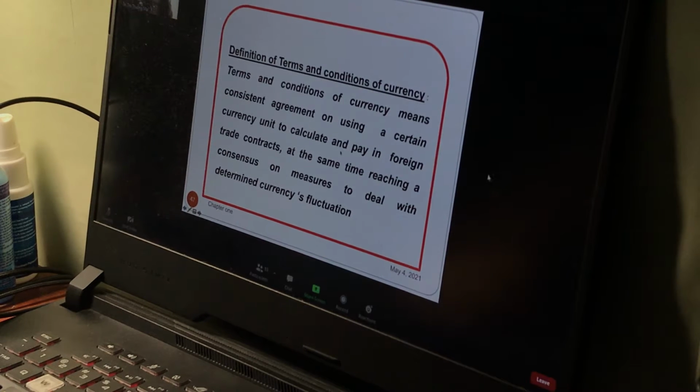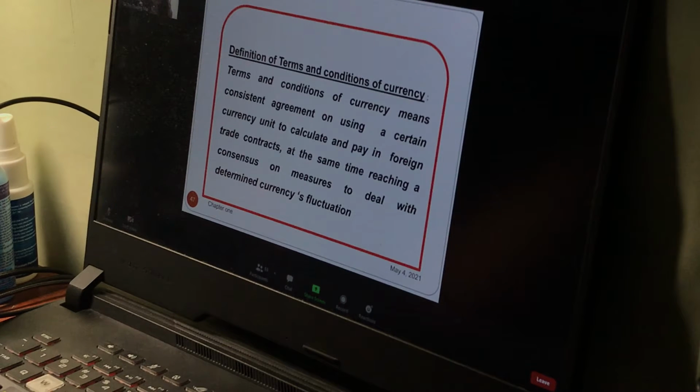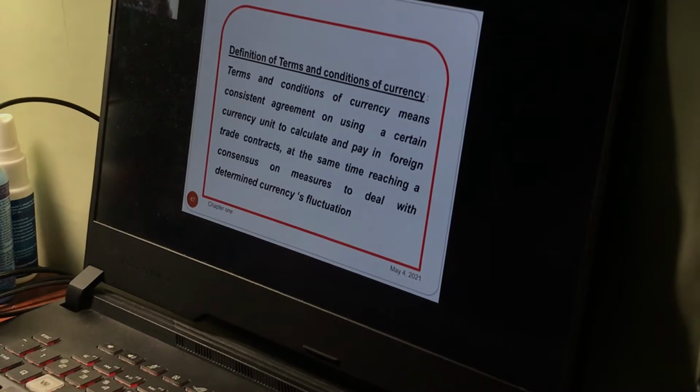What is a calculation currency? What is a payment currency? I think that is an easy question, right? Because you have a handout. Based on the handout I sent to you, you can answer the question easily. Answer the question, please. Raise your hands, please.